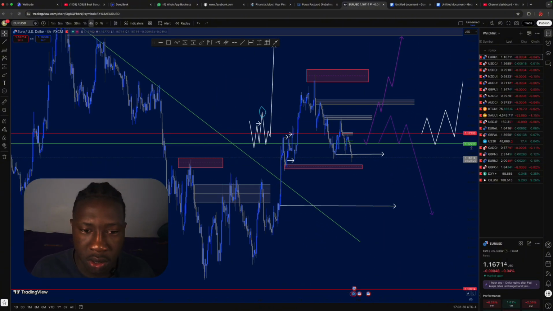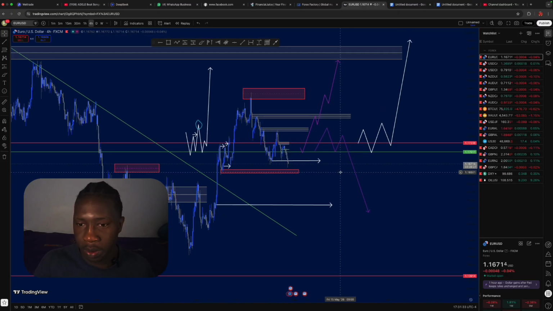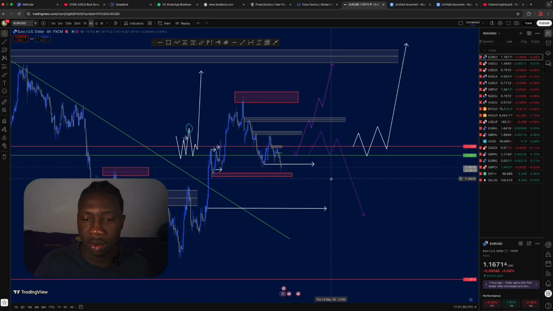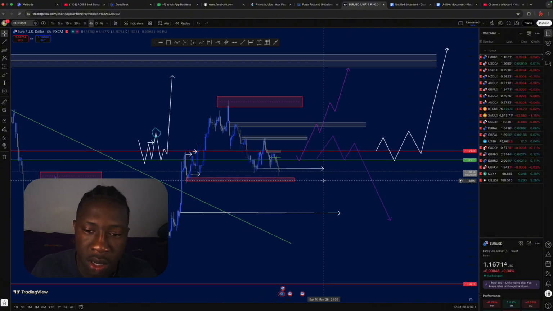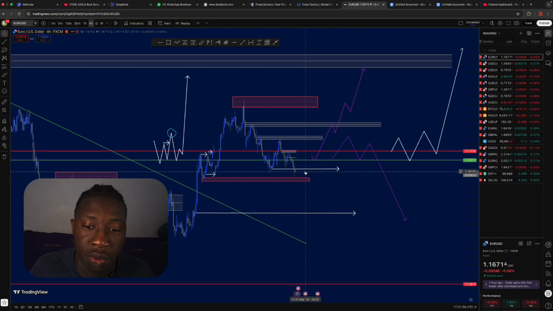This is what is happening on the chart. The market is taking a downward movement, and this downward movement is being caused by the news of yesterday. Yesterday there was news saying that the US-Iran conflict is going to continue until further notice, because the blockage of the Strait of Hormuz is going to continue.